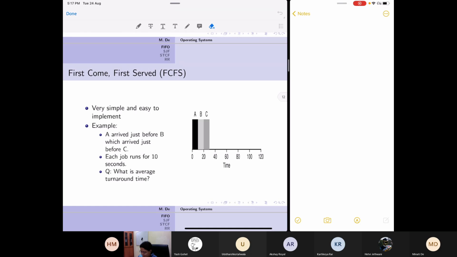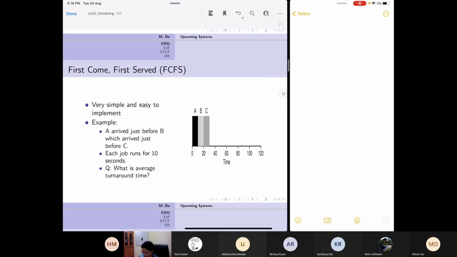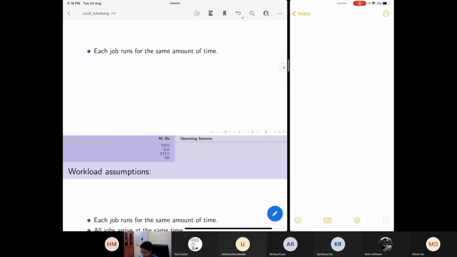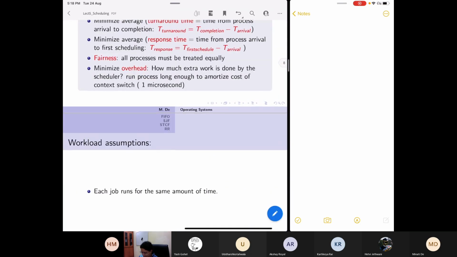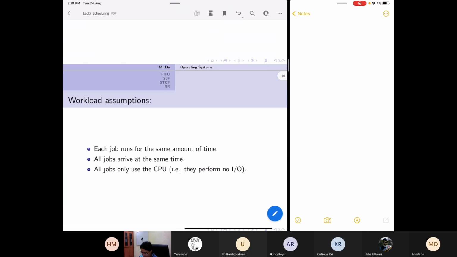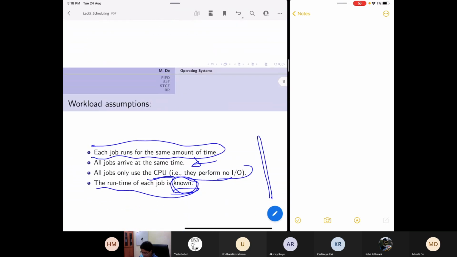Can you tell me which kind of problem we might face if we just implement the first come, first serve algorithm, even under our simplistic assumptions? The assumptions which we made earlier were these, right?